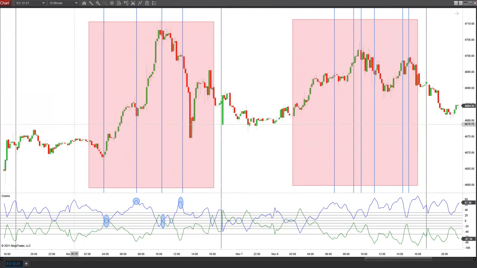You can see we drifted down, we made a bottom right at the center point of that crossover. We got this reversal bar on the candle, and that triggered the trade up. Now then we come into this extreme here at 7:30.